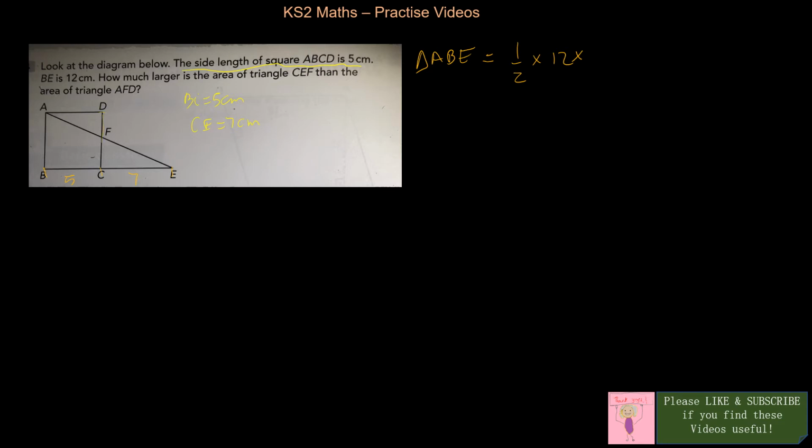The CD is the height of this triangle. No, AB is the height of this triangle. Sorry, what am I saying? So this is the triangle we are looking at.